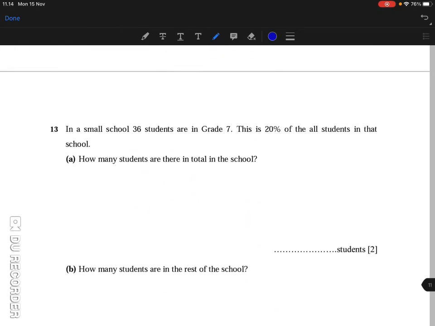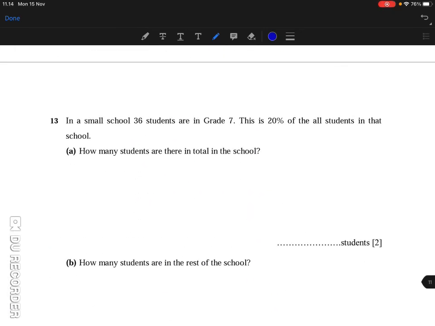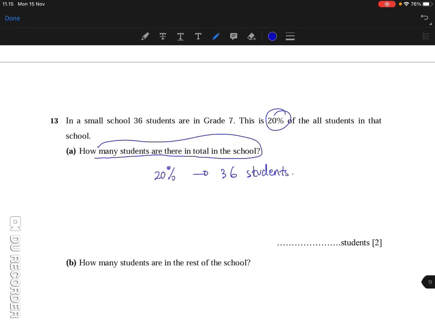Number 13. In a small school, 36 students are in grade 7. This is 20% of all students in that school. How many students are there in total in the school? So 20% here is only 36 students. Now if you want to find the total students in that school, it means you have to find the 100%.